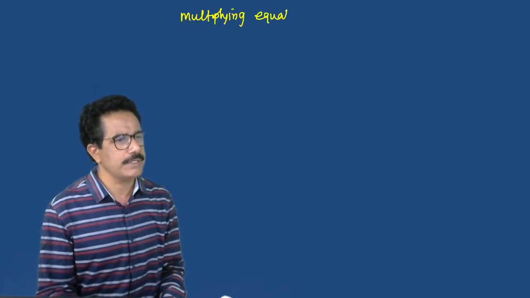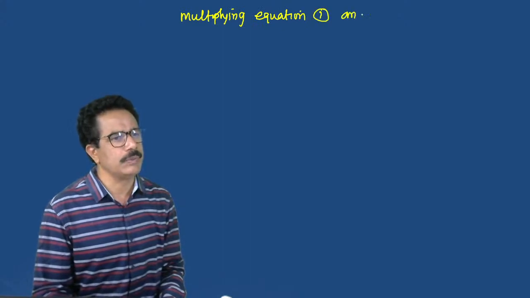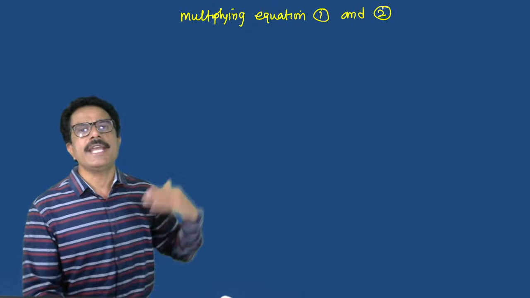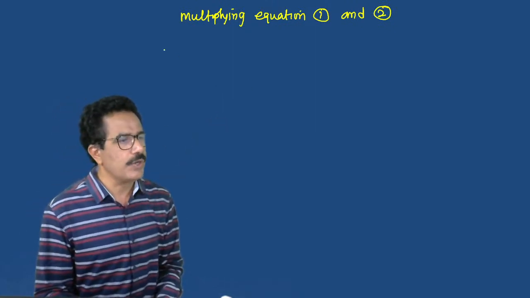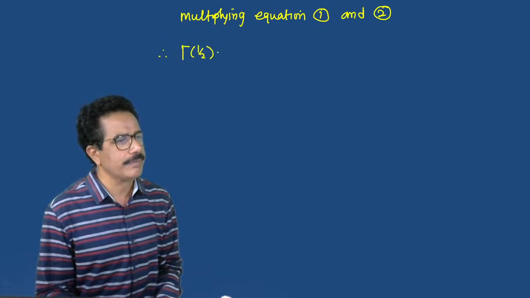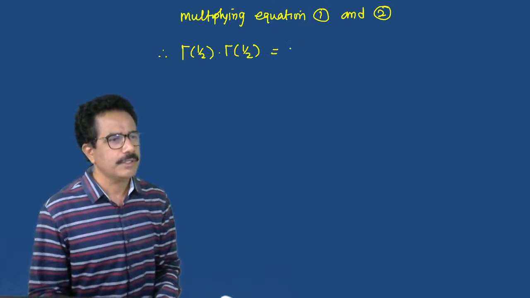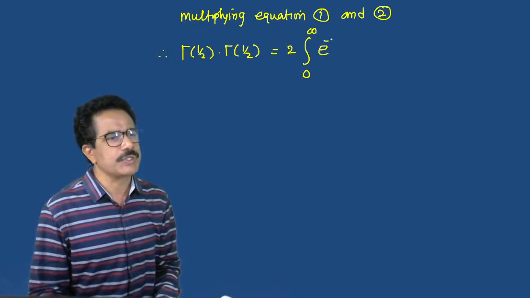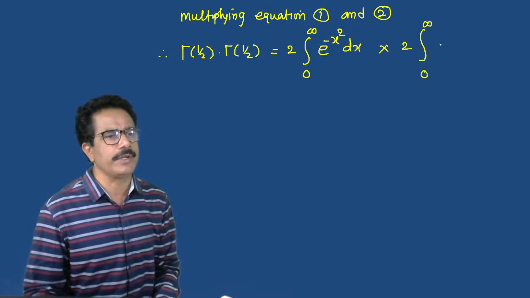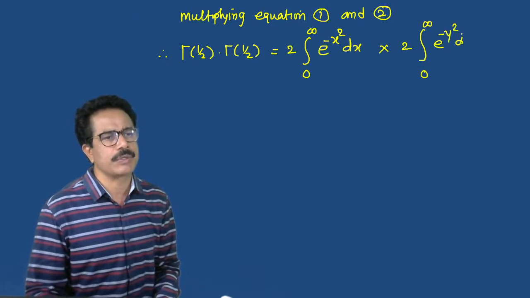So multiplying equations 1 and 2 as we have seen in the theorem, we can write gamma of 1 by 2 into gamma 1 by 2, which is equals to 2 integral from 0 to infinity e raised to minus x square dx into 2 times integral from 0 to infinity e raised to minus y square dy.